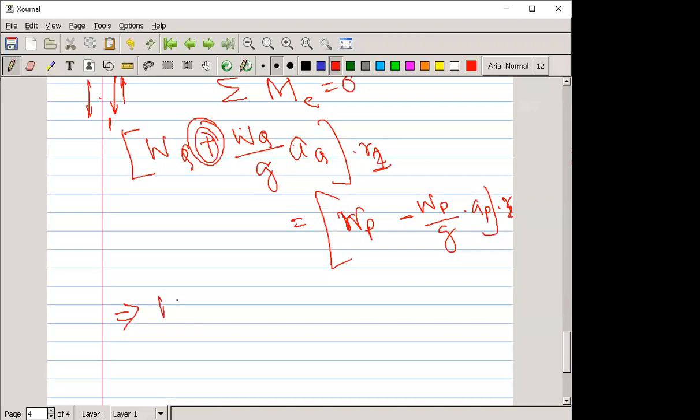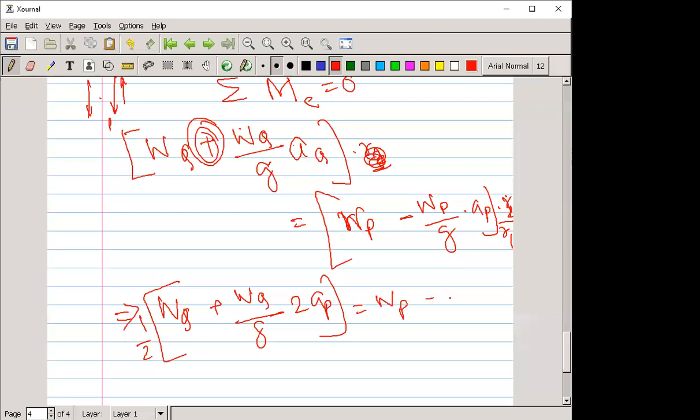So put that value here: WQ plus WQ by G into AQ, which is 2 AP, of this R1, R2. You can write simply R2 by R1, so this is 2. If it is 2, then just put it half, and then WP minus WP by G into AP.